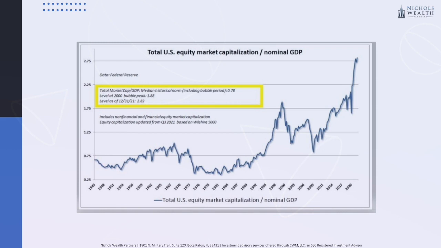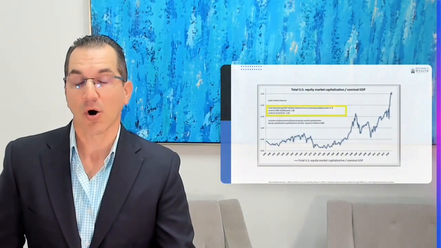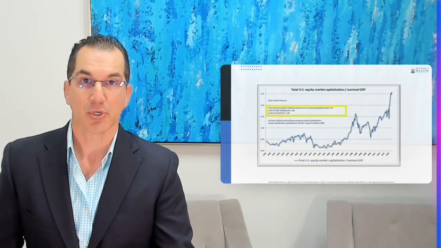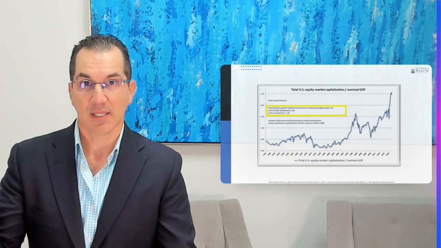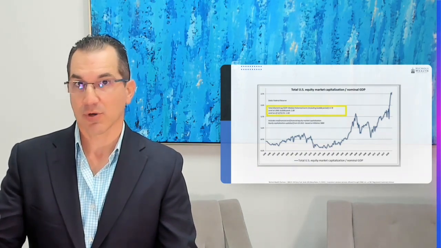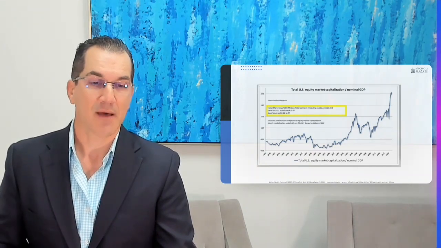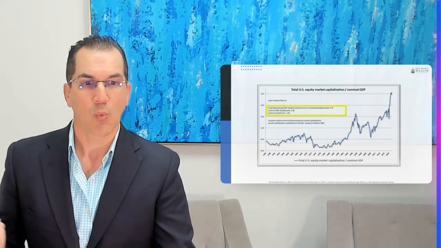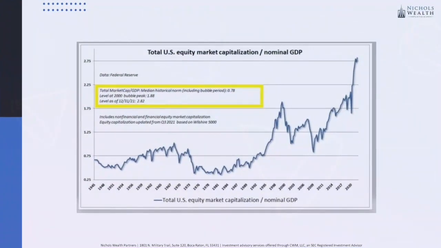You may recall that GDP, or gross domestic product, is basically all of the value of goods and services produced in an economy. So again, this ratio, known as the Buffett indicator, is total U.S. market cap divided by GDP. So where are we in that in terms of a historical perspective?